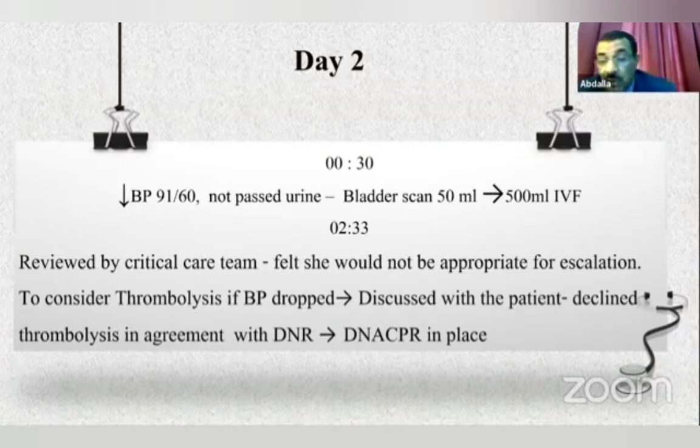And the other option will be, maybe for her age or whatever, she might not be a candidate for systemic thrombolysis, but another option will be local thrombolysis using EKOS.